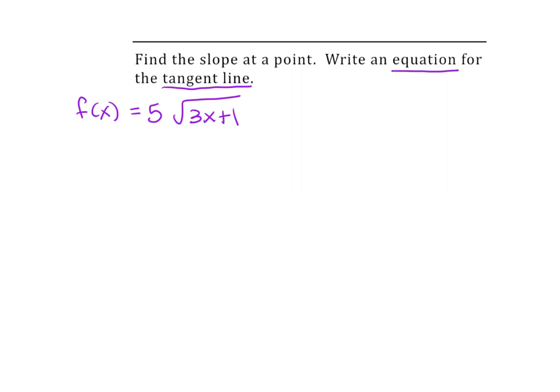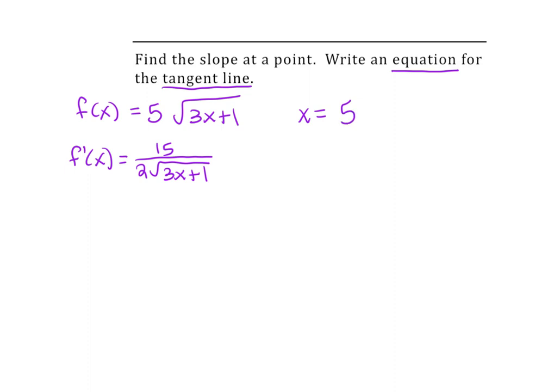Now I'm going to give you the derivative. The derivative is 15 over 2 square root 3x plus 1. And what we want to do is write an equation of the tangent line at x equals 5.